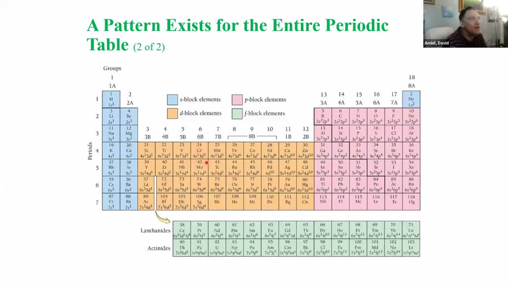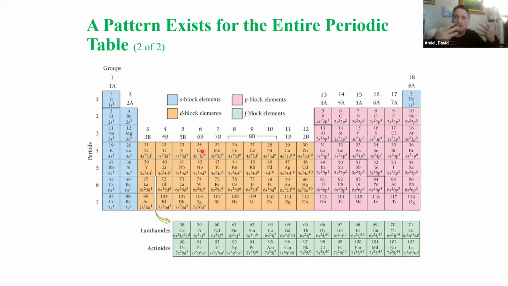It does something very bizarre. It should be 4s2 3d4, but it's not. It's 4s1 3d5. In other words, chromium steals 1 electron from its s orbital and jacks it up to the d orbital to make 5. 5 for a d orbital is a magic number.